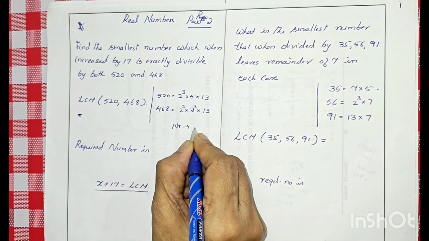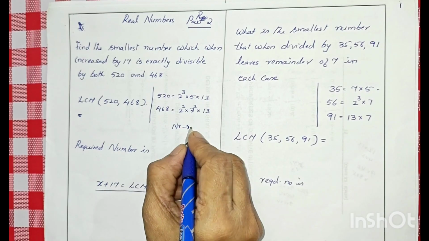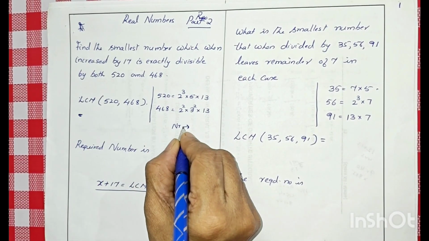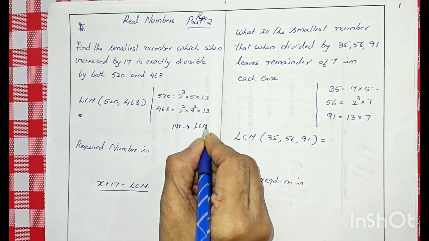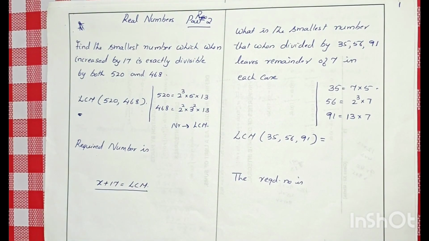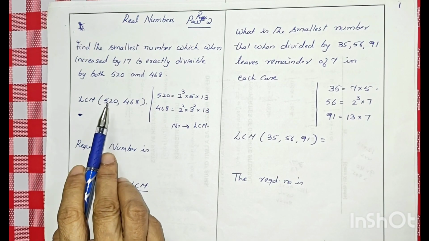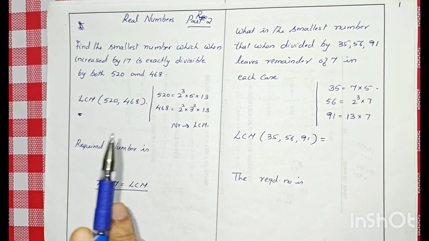This is one way of identifying whether it is HCF or LCM. The numerator is always a higher number, it is a multiple. If it is a lower number, then we will be doing HCF. So we will find the LCM of 520 and 468.